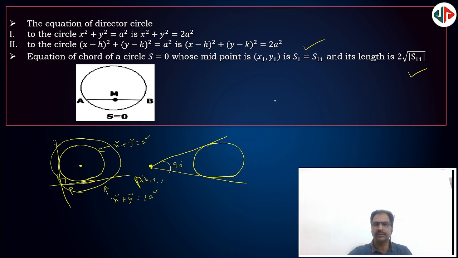Already you know the length of the chord formula is 2 root R square minus D square. Then this is also the length of the chord only. When do we have to use this? Whenever the midpoint of the chord is given. And this formula can be used whenever the equation of the circle is given.